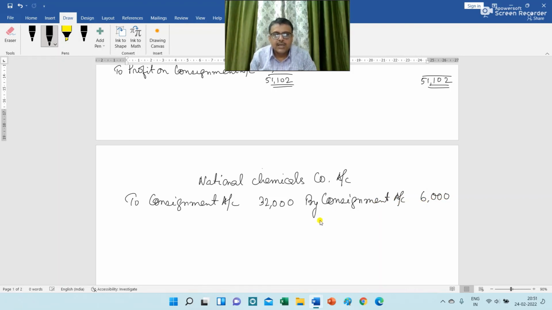What are the different items of expenses? One is the selling expense for rupees 1000, then the landing charges for 1000, then brokerage for 3200, and 800 is the amount of commission that has been retained by the consignee. The balancing figure has been remitted by the consignee to the consignor, and the balancing figure is rupees 26,000.